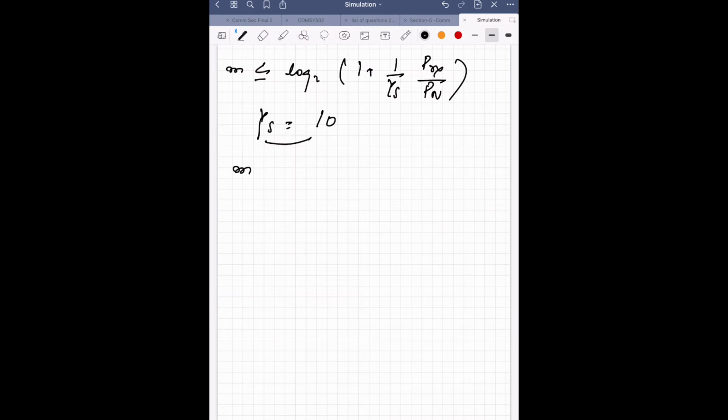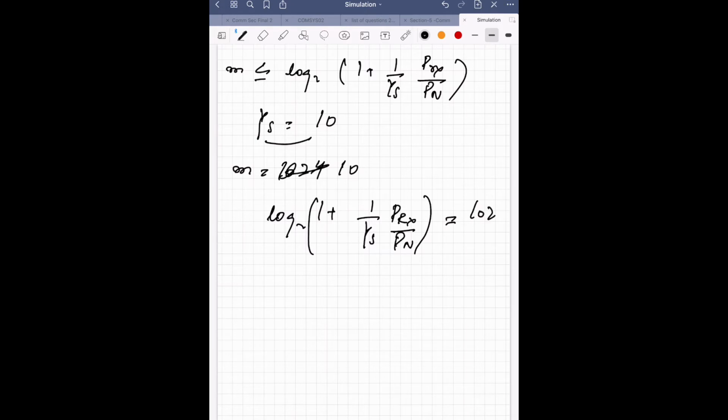Now, for M to be 10, log 2 of 1 plus 1 by gamma S times PRX by Pn should be equal to 10.